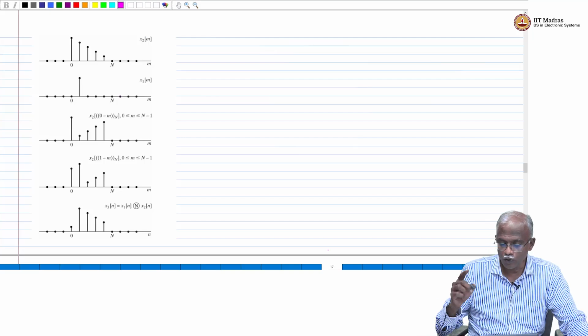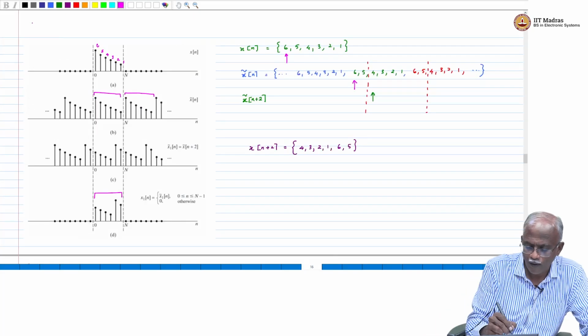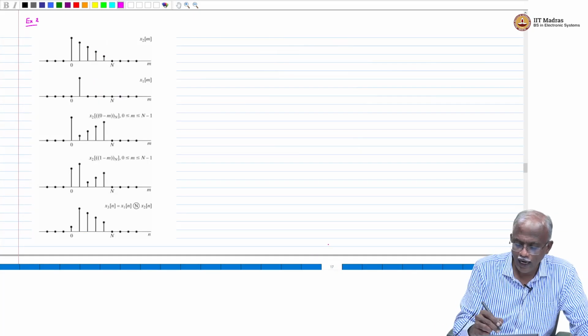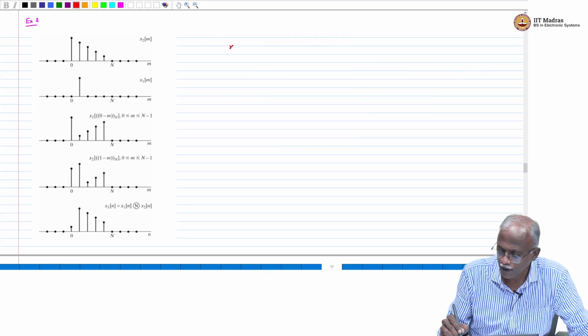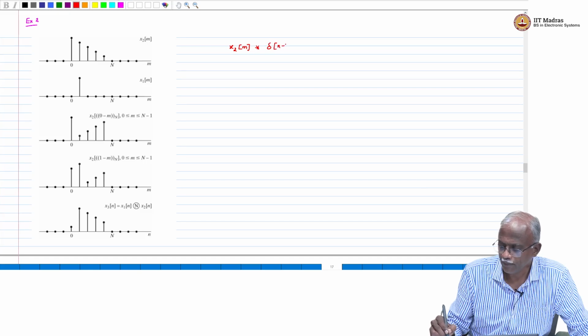So let us now look at another example. This is example 2, and that was example 1. In example 2, I want to convolve x2 of n with delta of n minus 1.